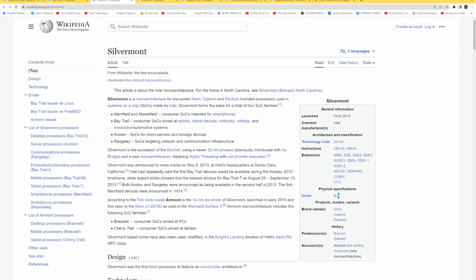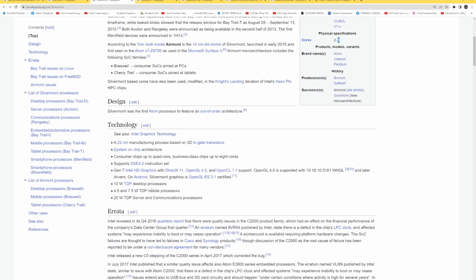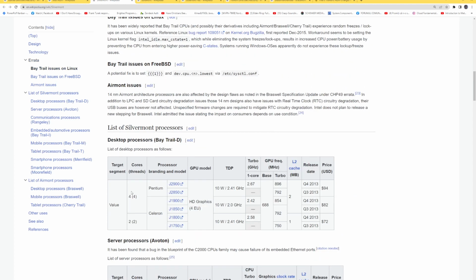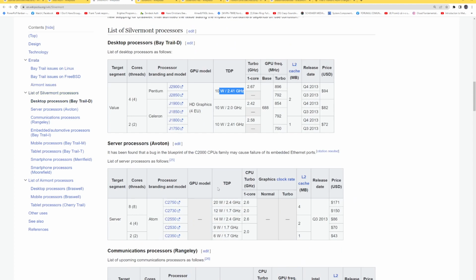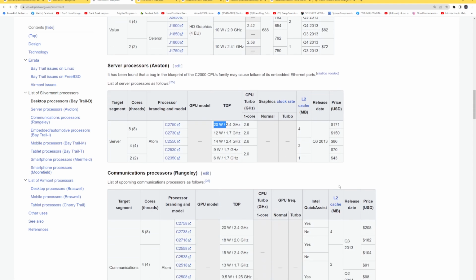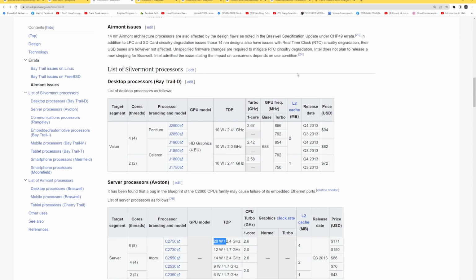That's the reason you can use it for lower power servers, and why you could go up to 20 watts for server components. In general they had 10 watts, but you could have servers with 20 watts. That's the bottom line I want to make. And it was also very low cost, so very good to have.